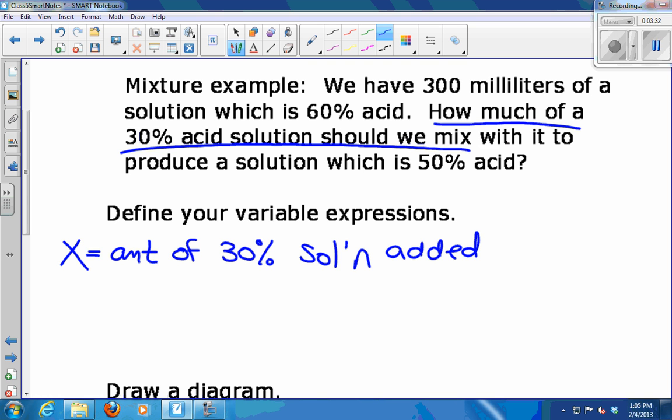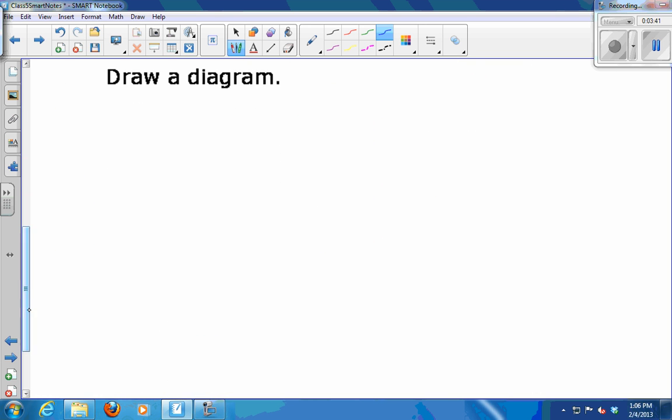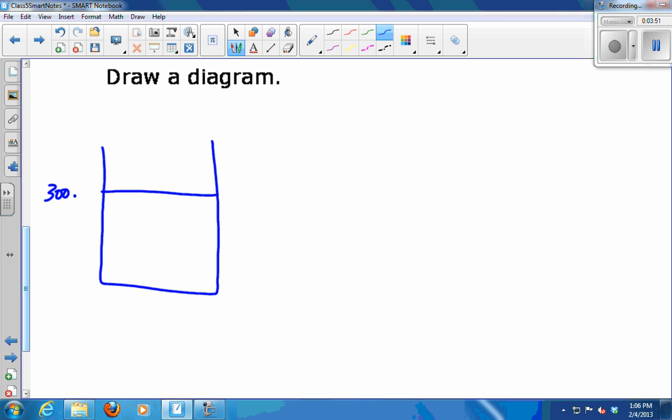Okay, so then we're going to draw a diagram just to wrap our brains around what they're asking us. So we have 300 milliliters of a 60% acid. So draw a little beaker here and fill it to 300 milliliters and label it 60% acid. Okay. And then I have to add to this some unknown amount of 30% acid.